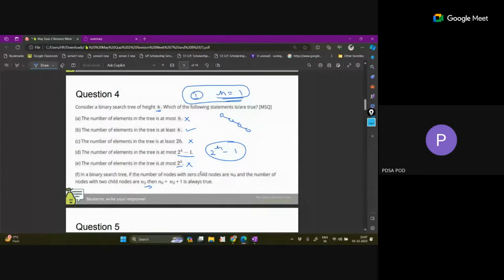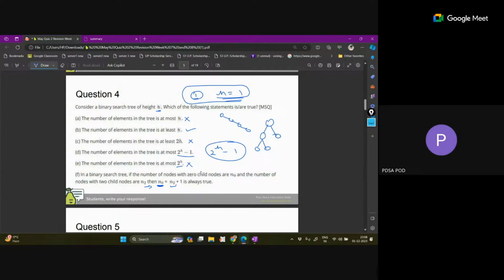There is one property you can remember: the number of nodes with zero children, meaning leaf nodes, will always be equal to the number of nodes with two children plus 1. This is one property of the binary tree. If you draw any binary tree, how does it logically fit? This is always true.